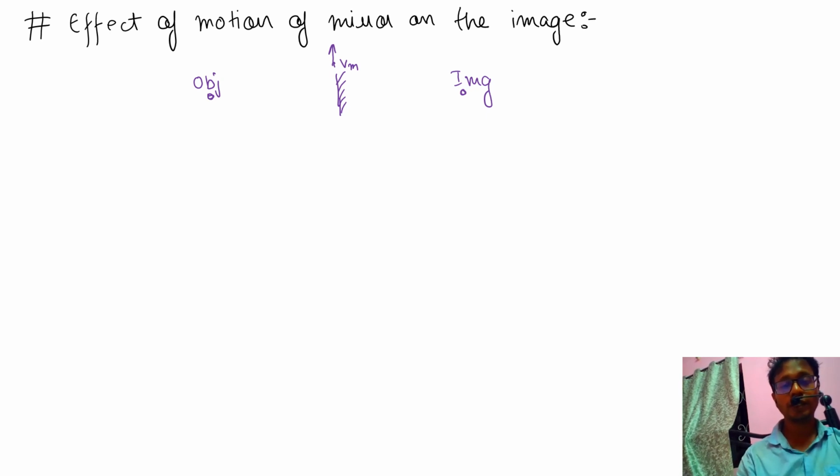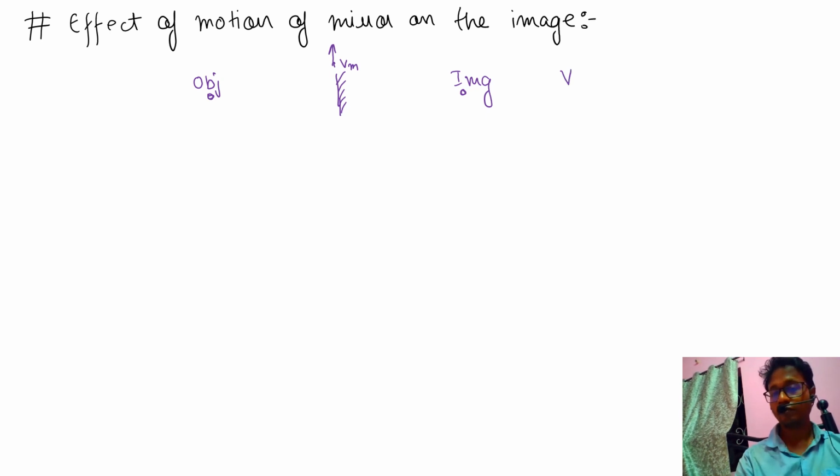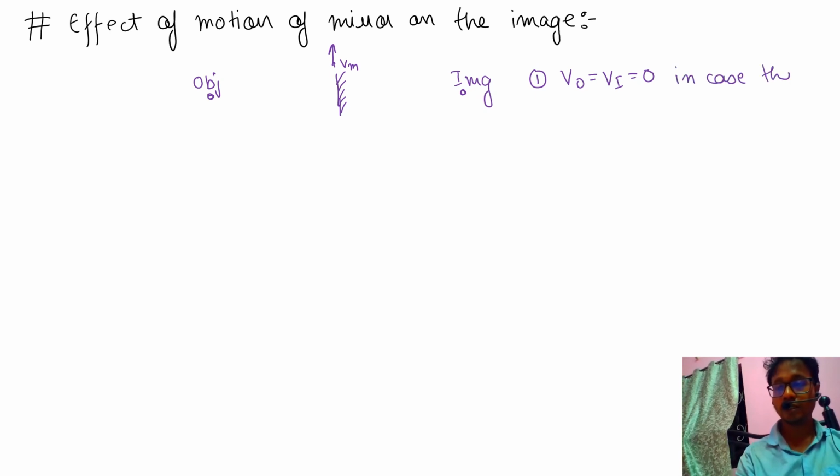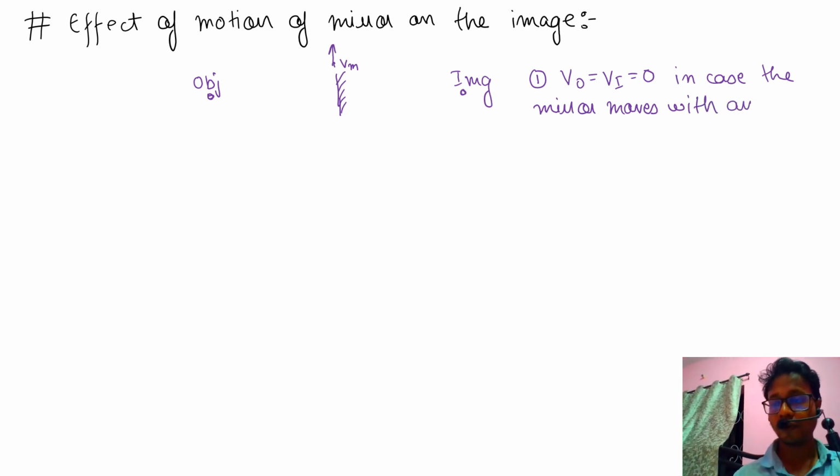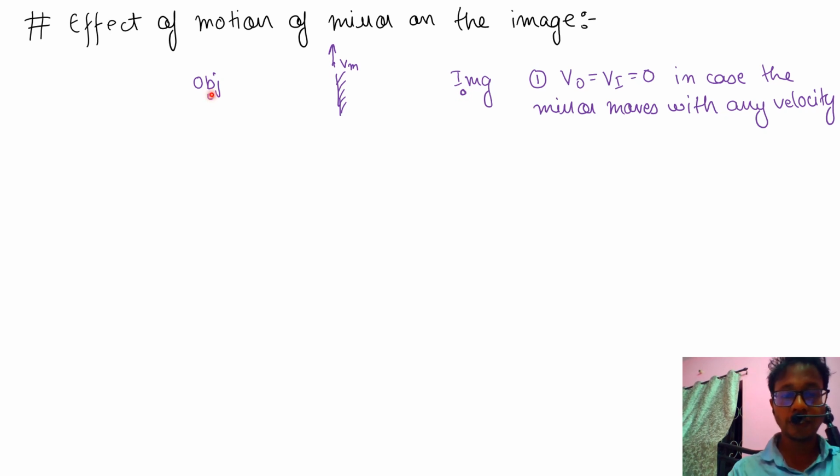The distance between object and image does not change. Out here, the velocity of object is equal to the velocity of image, which is equal to 0, in case the mirror moves with any velocity. That means even if the mirror is moving, the image of this object will lie out here only.